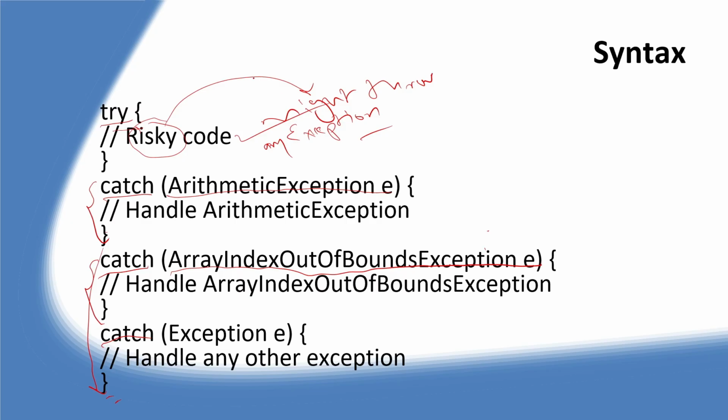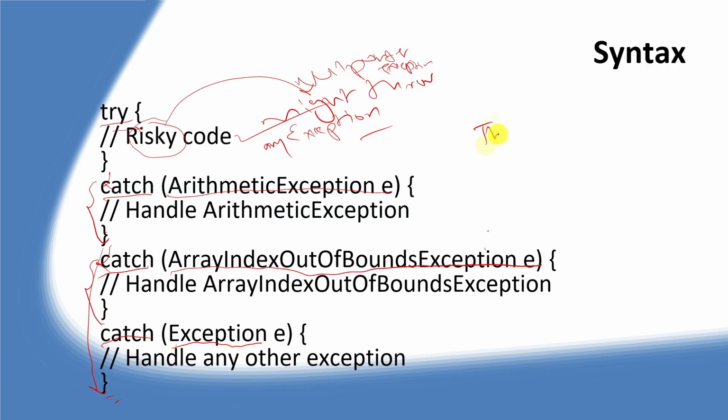And let's say, apart from the arithmetic exception and array index out of bound exception, we get some other exception, say a null pointer exception. In that case it will try to find the matching catch block. It will check whether it is a null pointer: no. This catch block: no. It is not a null pointer exception, but we know the exception hierarchy.